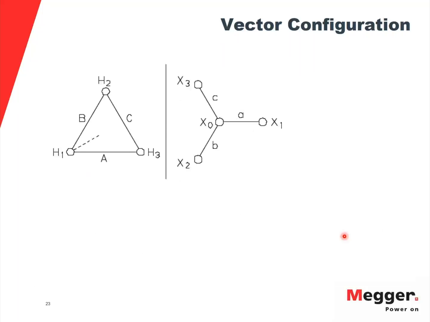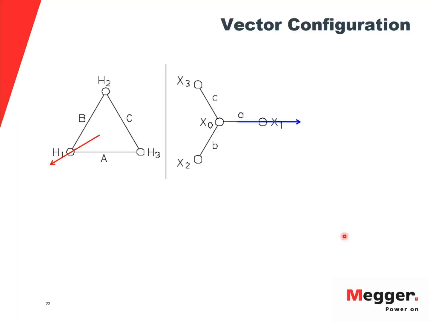So this would be a good example. I can see that my primary is a delta, secondary is a Y with accessible neutral. But if I want to find out if this is a DYN1 or a DYN5, what I would do is draw a vector going from the center point through the H1 terminal. Then I would do the same thing going from the center, passing through the X1 terminal.